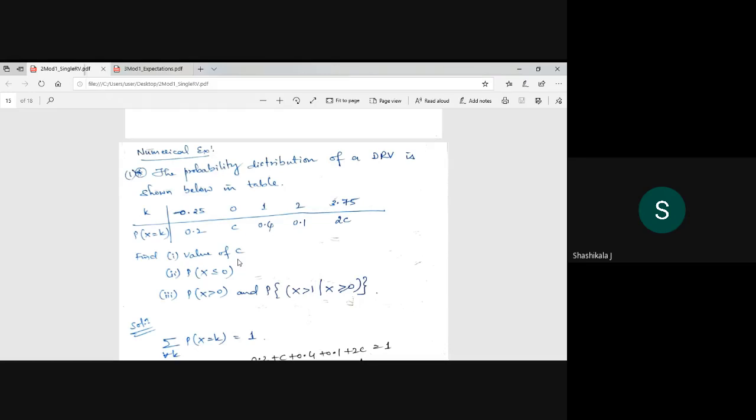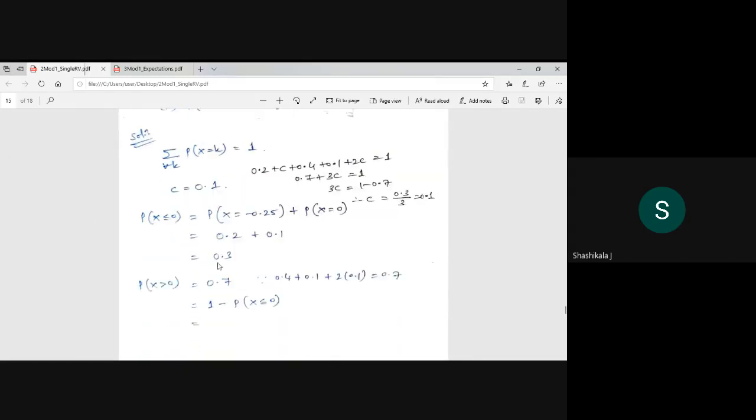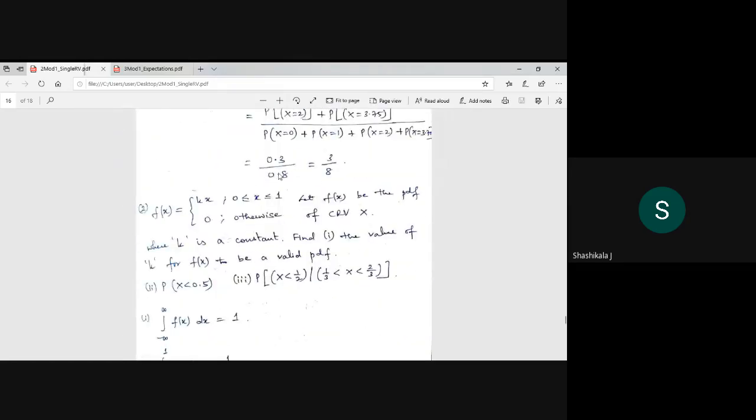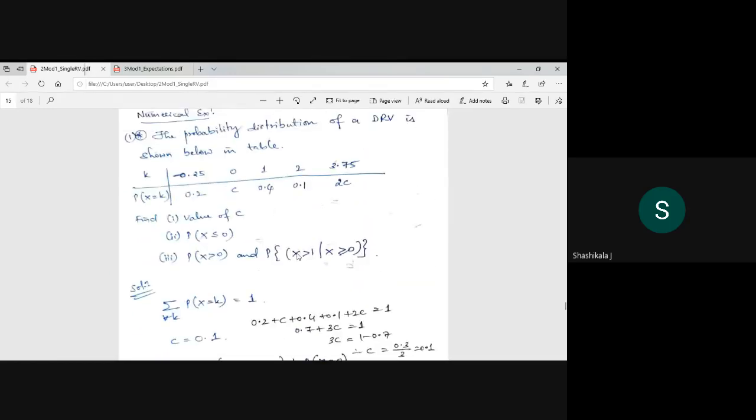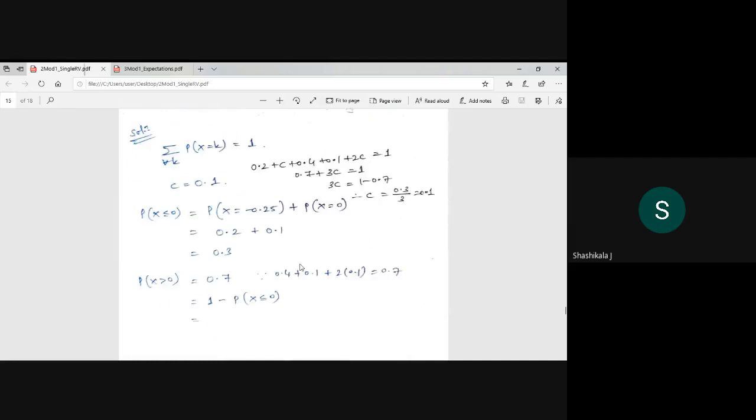And that is for the discrete case. Now the same thing we will do for the continuous random variable. In both cases, for the discrete and the continuous random variable, you have to remember the conditional probability equation: the intersection divided by the denominator.